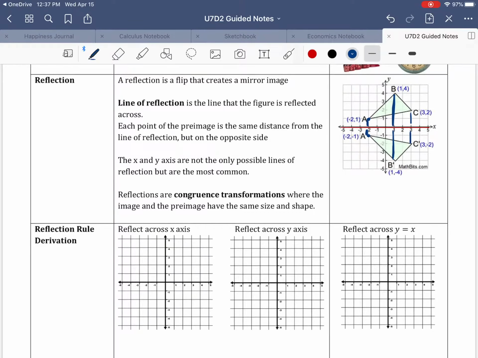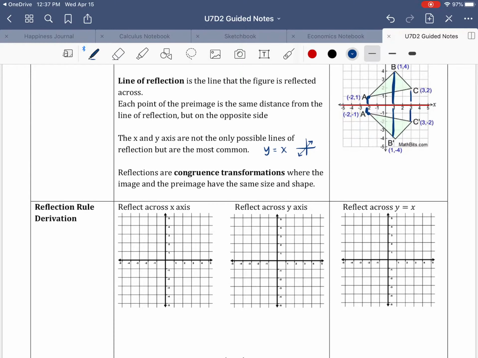We're also going to be talking about the equation y equals x. There are other lines of reflection, but we probably will not be discussing them in this class. Now, similar to translations, reflections are also congruence transformations, so the image and the pre-image have the same size and shape.